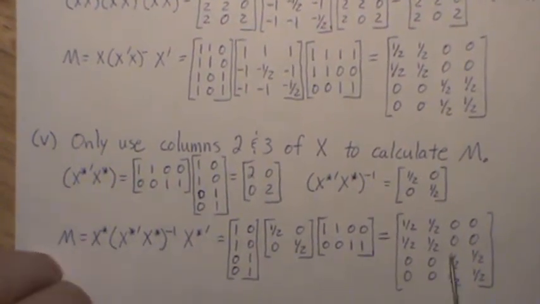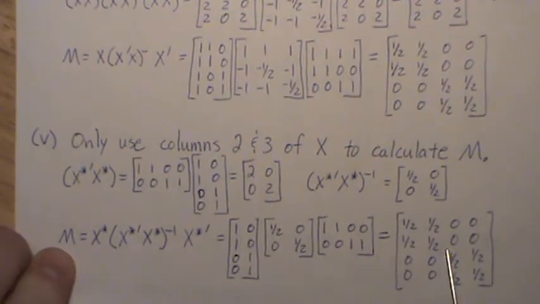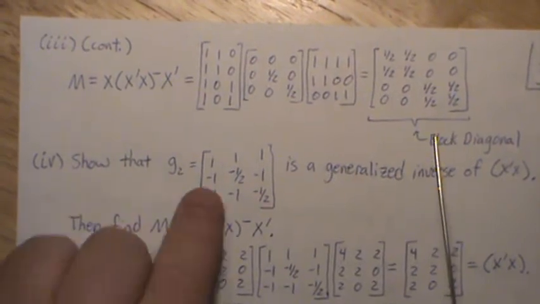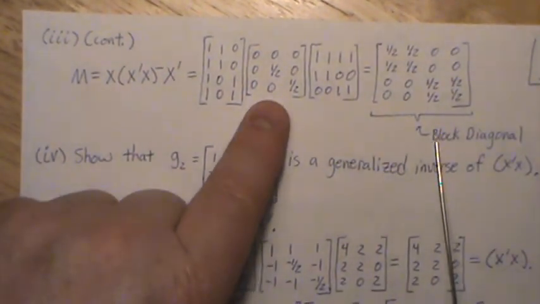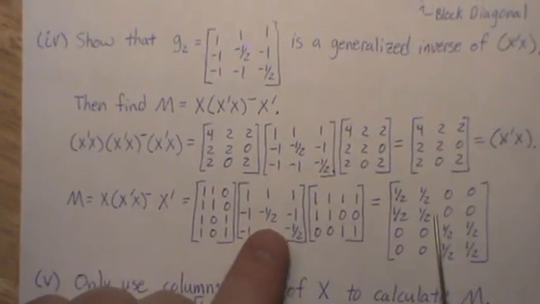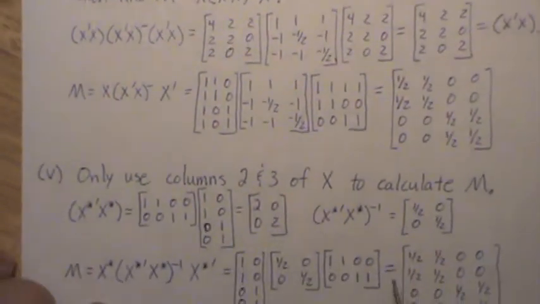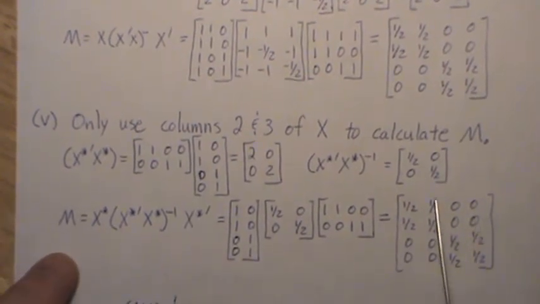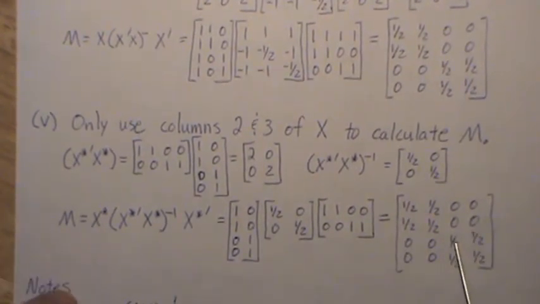It's the same block diagonal that we calculated in the previous two. So this one, we used this generalized inverse, and this used a totally different method, but we have the same perpendicular projection matrix.